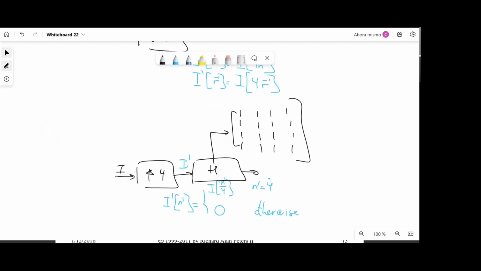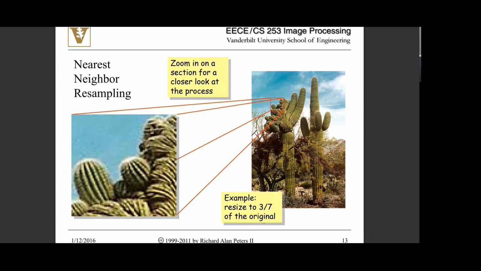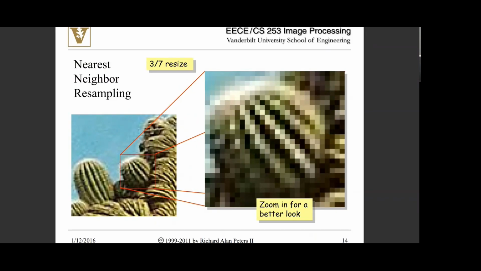We did an upsampling by a factor 4. So if this factor is an integer number, then this is very easy. What happens if it is a fractional number? What if it is 3/7? Then it is not so simple. But we can do something similar. Let's say that we want to do a resizing by a factor 3/7.